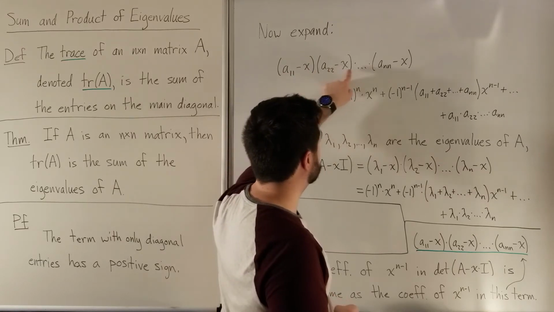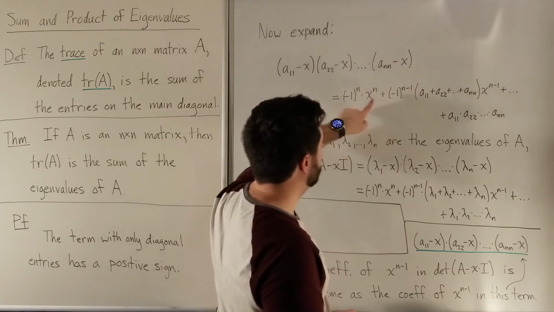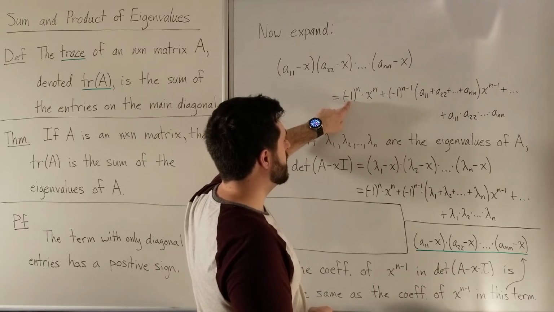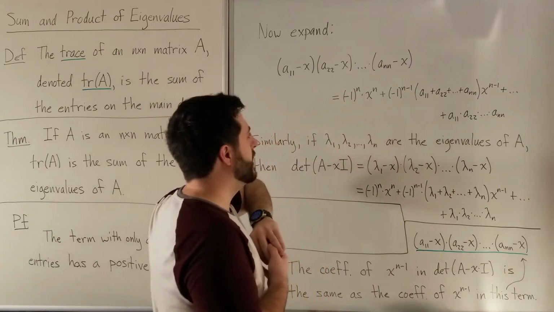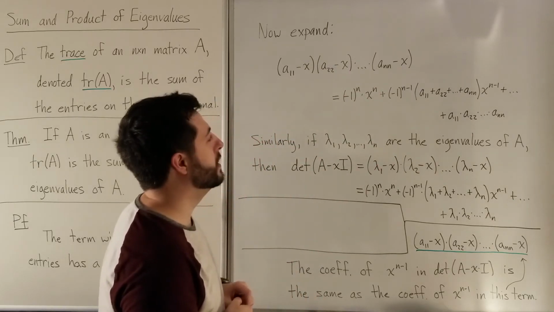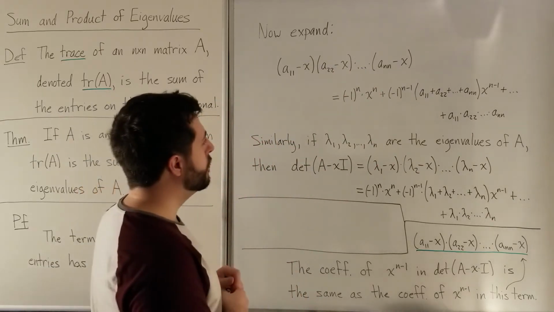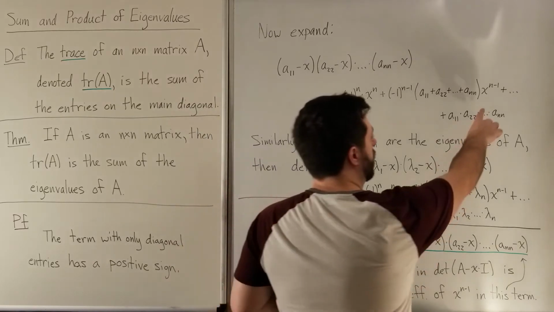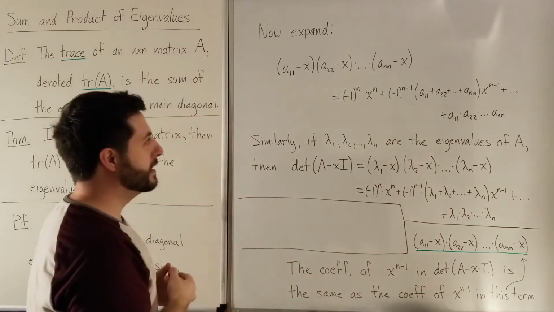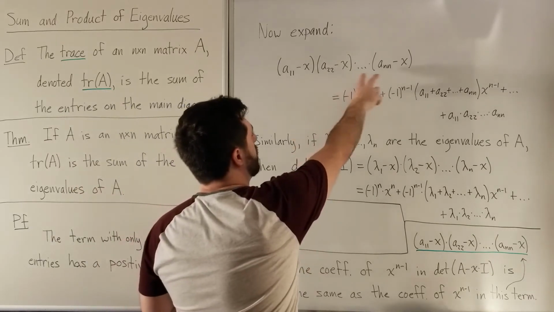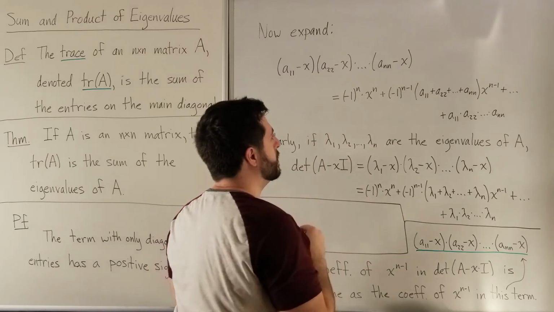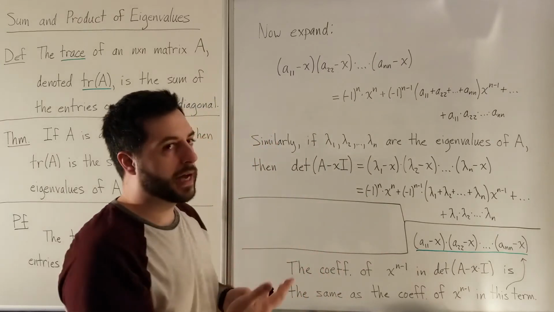So if we choose that x, all the way up through that x, then we have n of those x's. And then we also have to worry about there's a sign in front of this, which is -1 to the n, because there's n negative signs coming from each of those choices of x. So now if we want to make sure to get exactly n minus 1 x's, then when we're going through these parentheses and making a choice between the constant and the x each time, we want all but one of our choices to be the x.